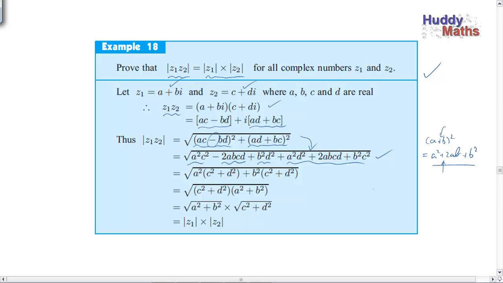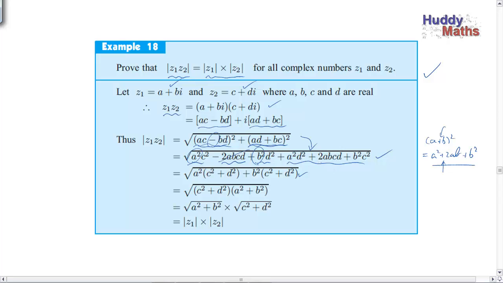And so when you do that, of course, we've got a real number, because we're just squaring the real part and the imaginary part. And if you factorise that, you see that c squared plus d squared is a factor of both the a squared and the b squared term, I suppose.